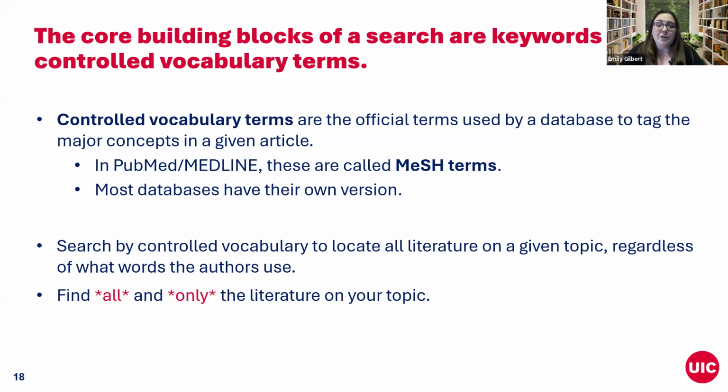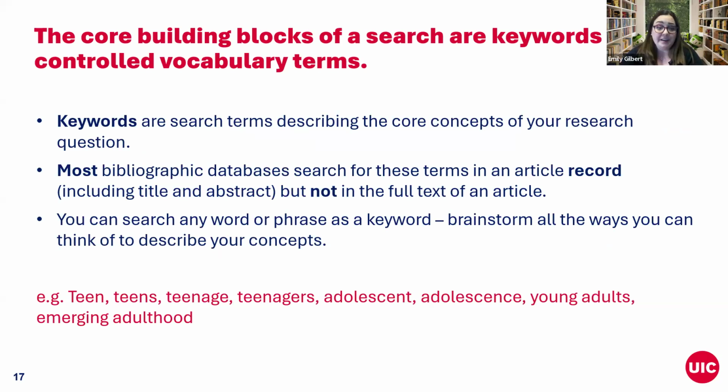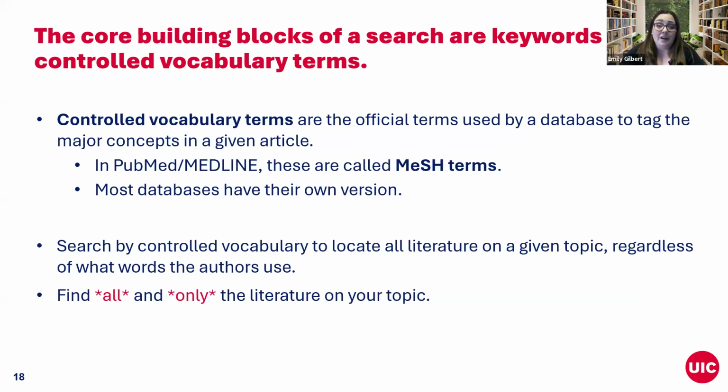You know how we saw all the ways on the previous slide that you could say teenager. In controlled vocabulary, it is specifically one term that they have chosen to represent the concept. For example, in PubMed, it's not heart attack, it's myocardial infarction. And that would be used to tag all of the available literature that includes that concept in the paper.